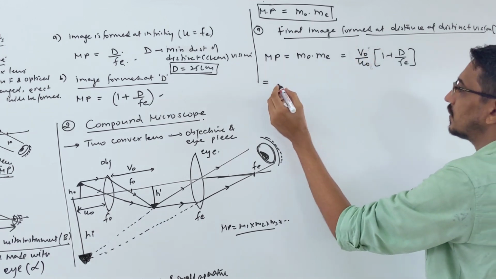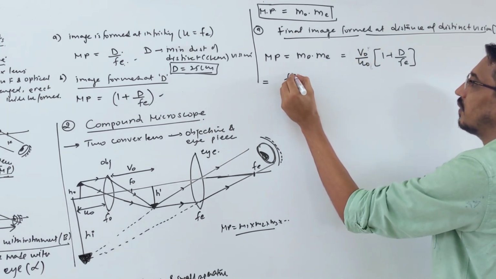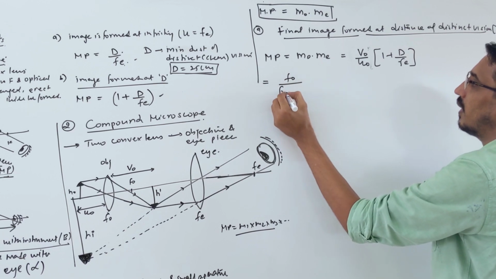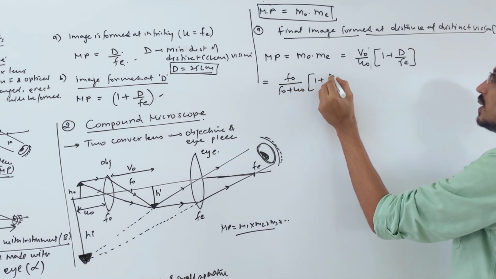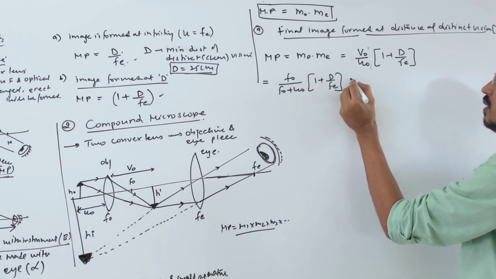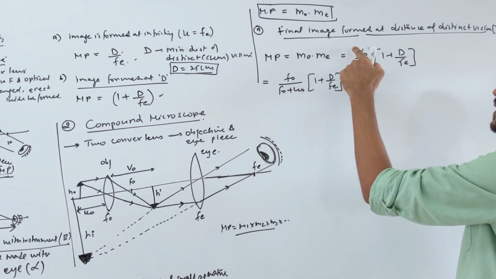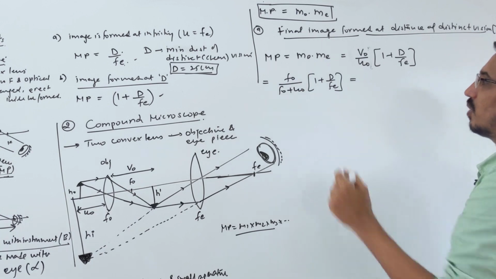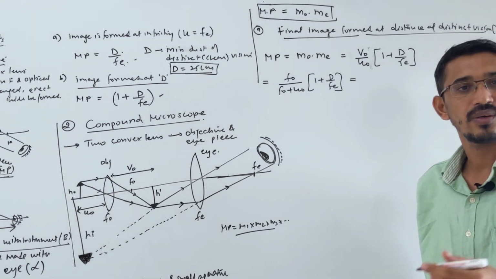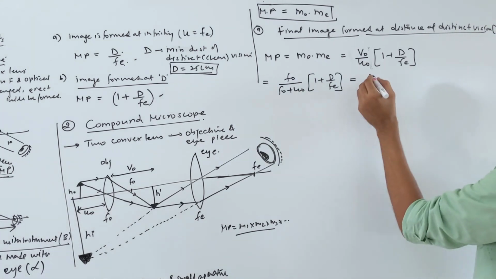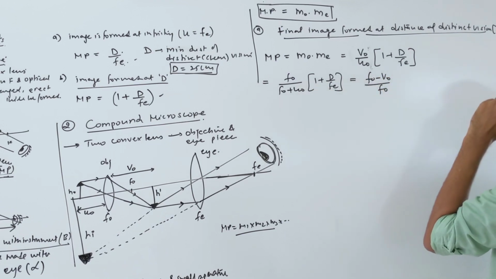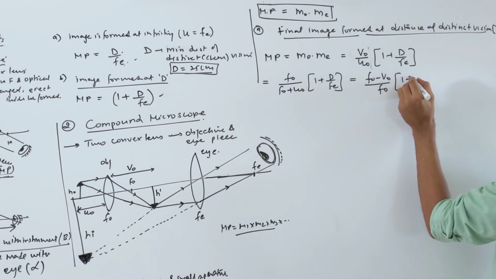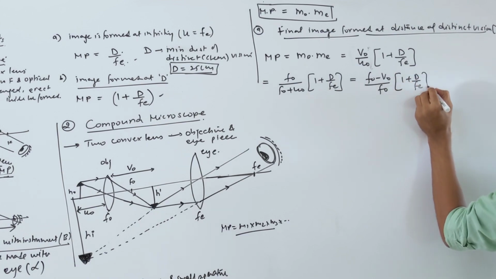You can also write F0 upon F0 plus U0, into 1 plus D by Fe. Or in terms of focal length and image distance, it is F0 minus V0 upon F0, right, into 1 plus D by Fe.